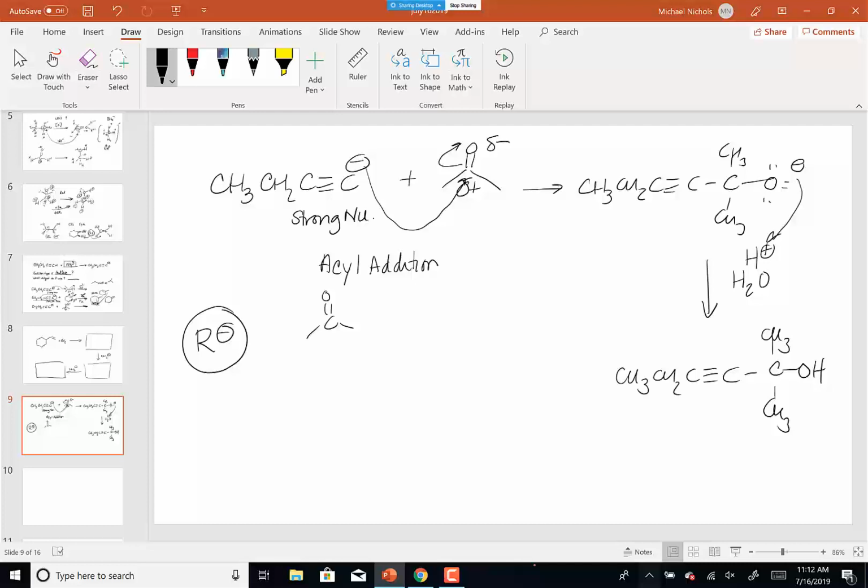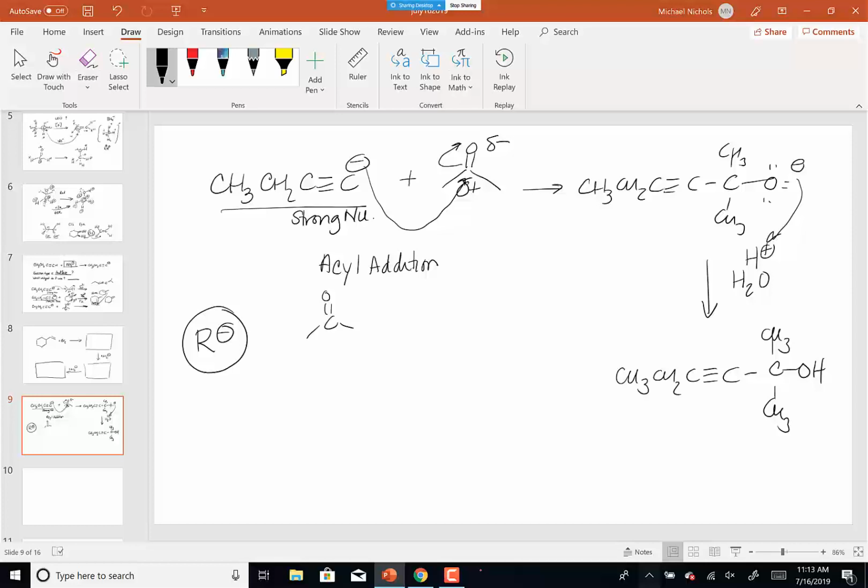And any carbanion, any R-, including this, will react with a carbonyl in this mechanism to make an alcohol. So this is just one of many reactions that you'll do for tomorrow. So, does that kind of make sense?